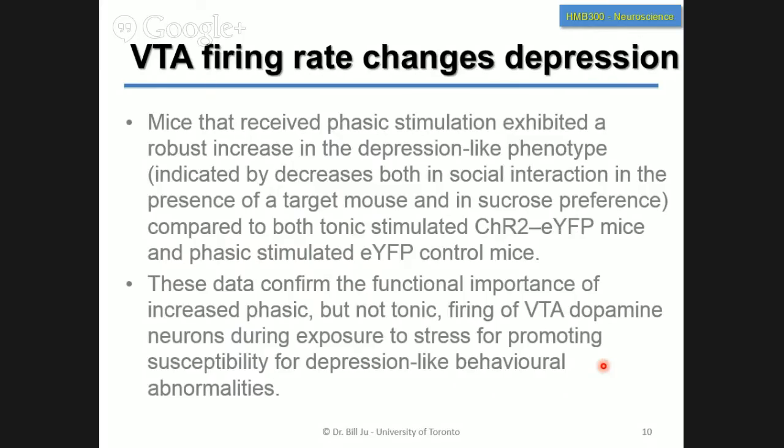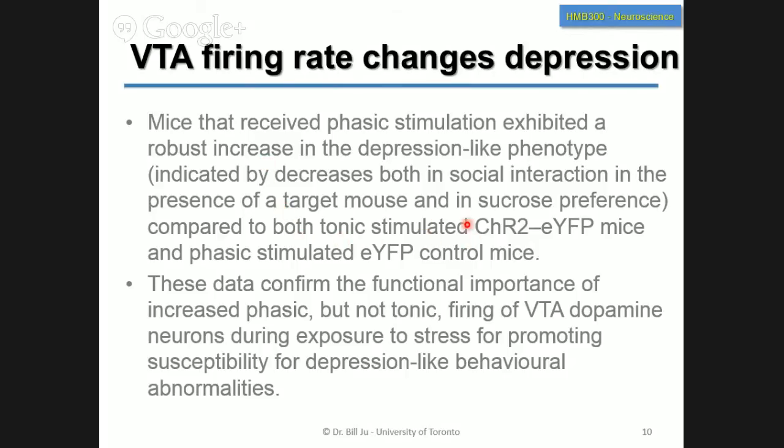So again, just to wrap a couple of things up, the main point of all of these different types of experiments was that if you have phasic stimulation, bursts of action potentials, increased action potentials, in other words, they will have a robust increase in this depression-like phenotype. You can measure it through interaction or through sucrose preference as anhedonia.